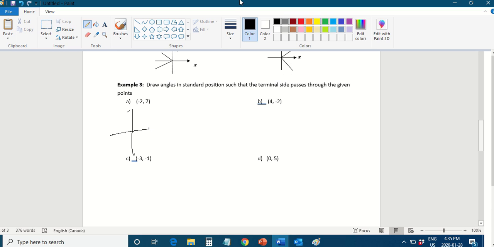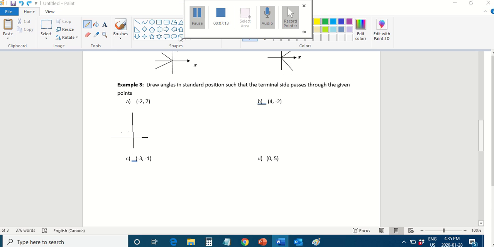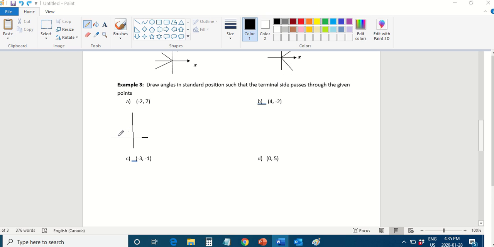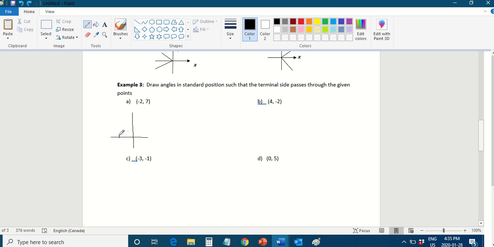So x being -2, that's somewhere here, and y being 7, so y is positive 7 here. So this is the point where we have -2 and 7, and the terminal side we draw is here, and the angle in standard position from the positive x-axis counterclockwise goes there. So this one we'll call theta, the angle in standard position.